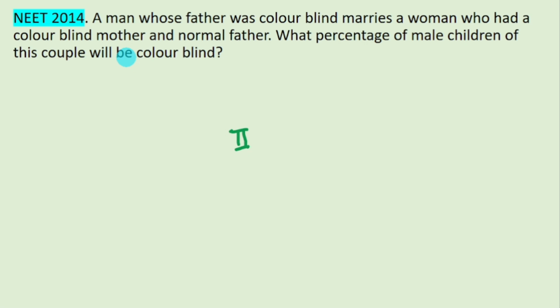Second generation. A man whose father was colorblind. So this man will receive only the Y chromosome from father, and we will assume that the mother of this man was normal, with an unaffected X chromosome.